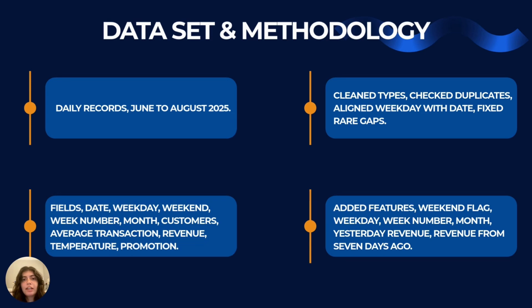We clean the timeline, and most importantly, we created lag features. This means we fed the model data from the previous day and the previous week. This is crucial because in retail, sales patterns tend to repeat weekly. And so yesterday's performance is often used to predict today's performance.